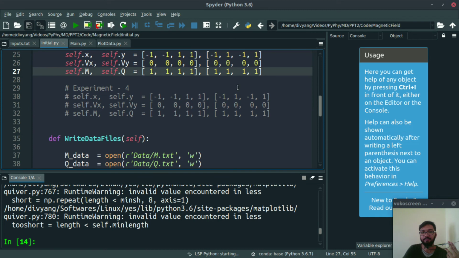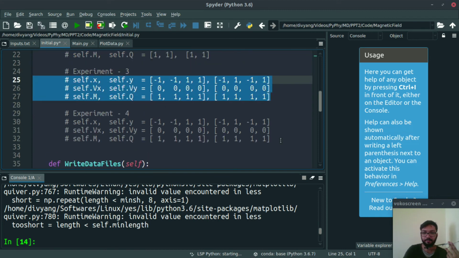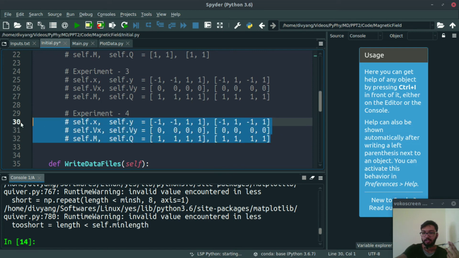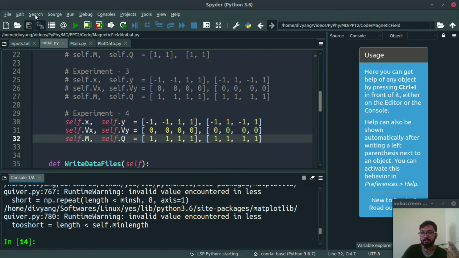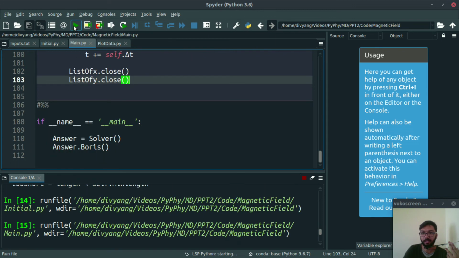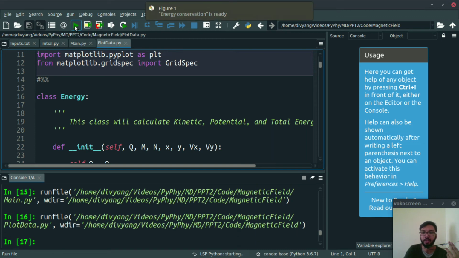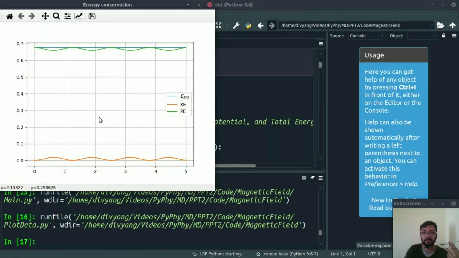Let's initialize our parameters. Yes, we have initialized this, and now we will run main.py, and lastly I will run this plot.data.py file. Okay, so we are getting this kind of energy profile.